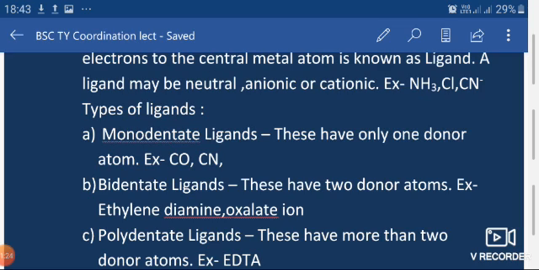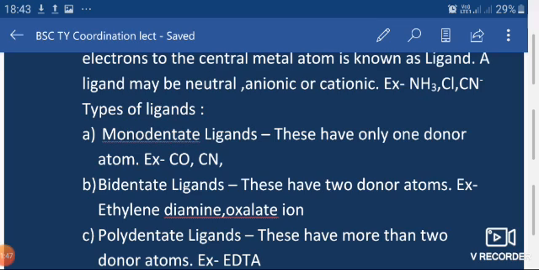So the first type is monodentate ligands, or you may say unidentate ligands. So what are unidentate ligands? You know that a ligand is a species or group of atoms or atom that donates a pair of electrons to the central metal ion.